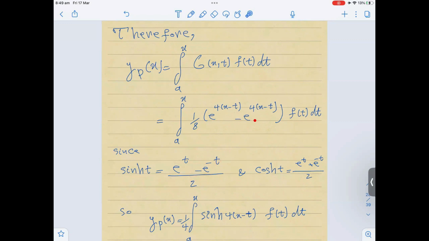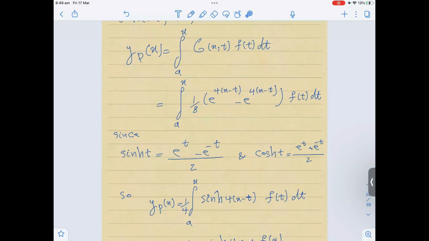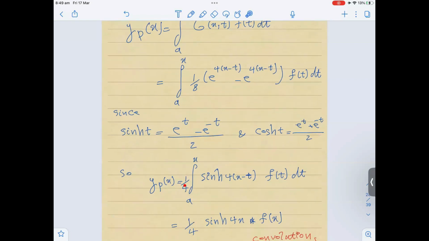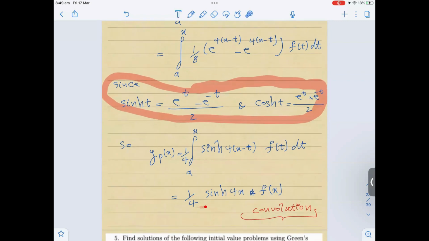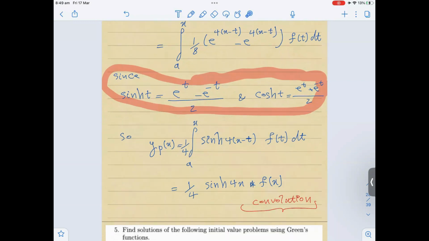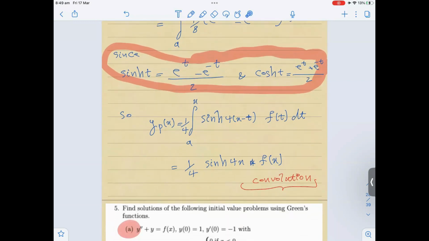So if I multiply by 2 here and divide by 2 here, it will be sine. That's why 1 over 4 appears here. So yp is this one: the integral of sine 4 times (x minus t), it's like the convolution. What's the convolution? You can look that up, but you don't need it. I just want to give extra information.